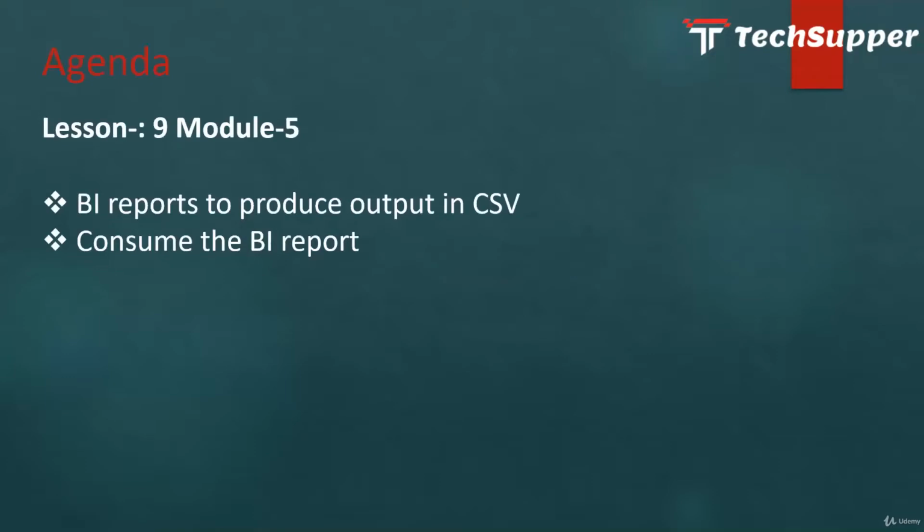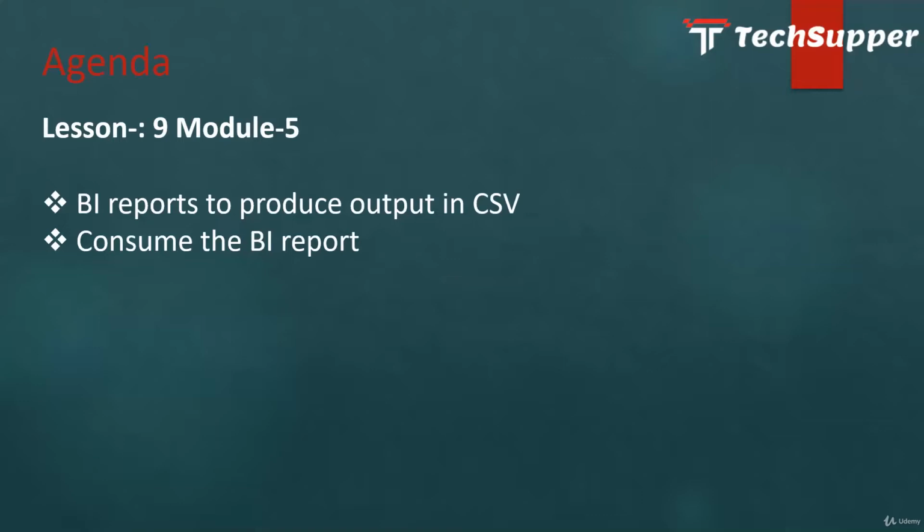So in this video, we are going to look at how to convert BI reports to produce data in the CSV format. In the previous lecture, we have seen how to create a BI report and produce the output in the PDF, and use that BI report in the integration cloud, get the data and send this PDF report to the FTP location.